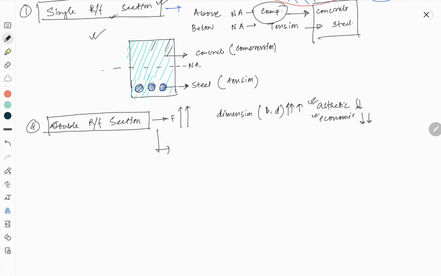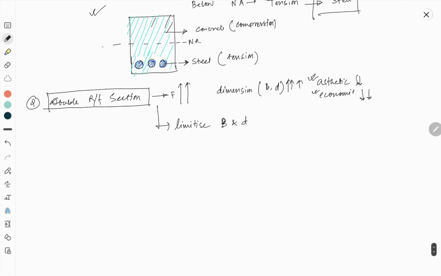Considering these two aspects, we limit B and D. As force increases, the maximum bending moment increases. If the maximum bending moment increases, then the area of steel will increase.